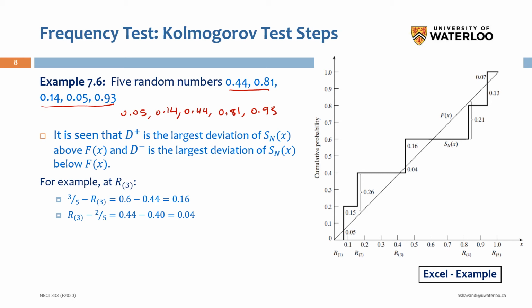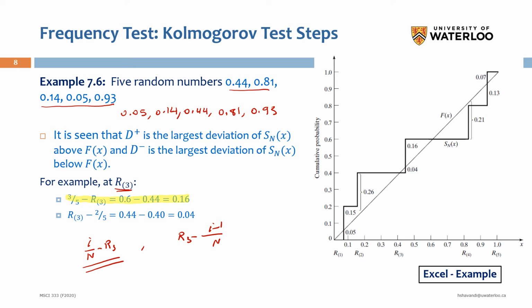So for R3, for example, we have i over N minus R3, and also we have R3 minus (i minus 1) divided by N. Here, i divided by N becomes 3 divided by 5, 0.6, minus 0.44, which becomes 0.16.